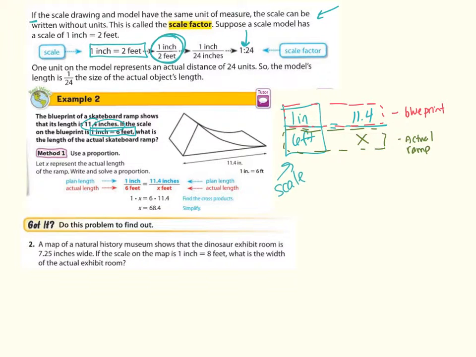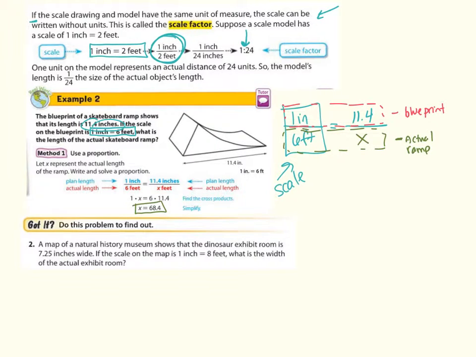So the question was, what is the length of the actual skateboard ramp? That's why you have to make sure that the variable goes on the actual part of the proportion. When you cross multiply and then you divide, you're going to get 68.4.